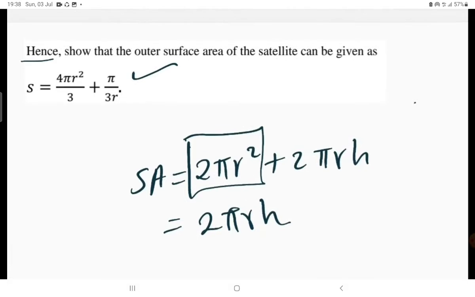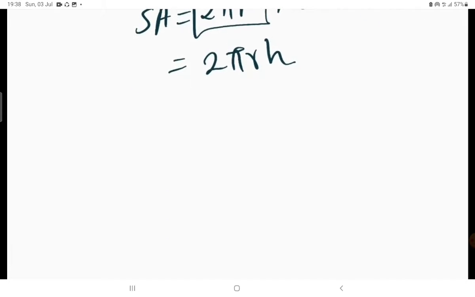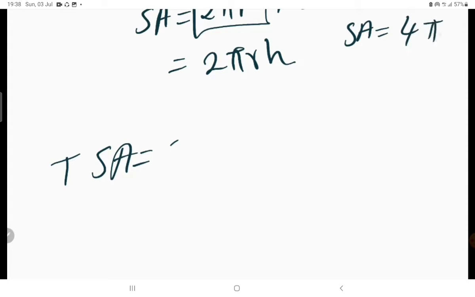So that means the total surface area of this whole satellite is the surface area of the sphere, which is given by 4 pi r squared.